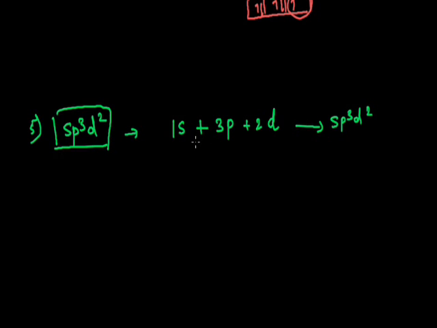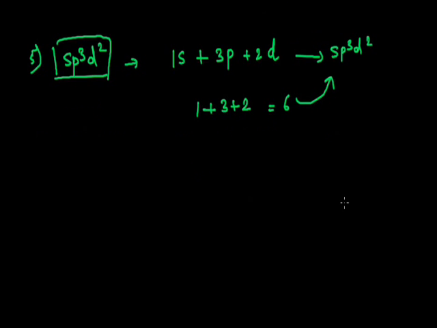And the number of such orbitals is 1 plus 3 plus 2, that is 6 sp3d2 hybridized orbitals are formed. And these 6 hybridized orbitals can combine with unpaired electrons of any of the 6 atoms. For example, we can take SF6.